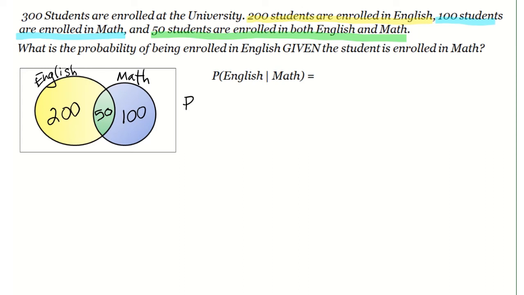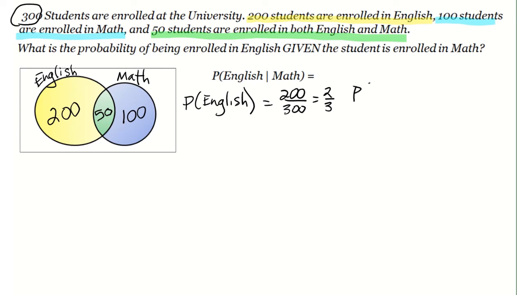The probability of English is going to be our 200 that we have here in the yellow, divided by our 300 total students. And that can simplify to 2/3.